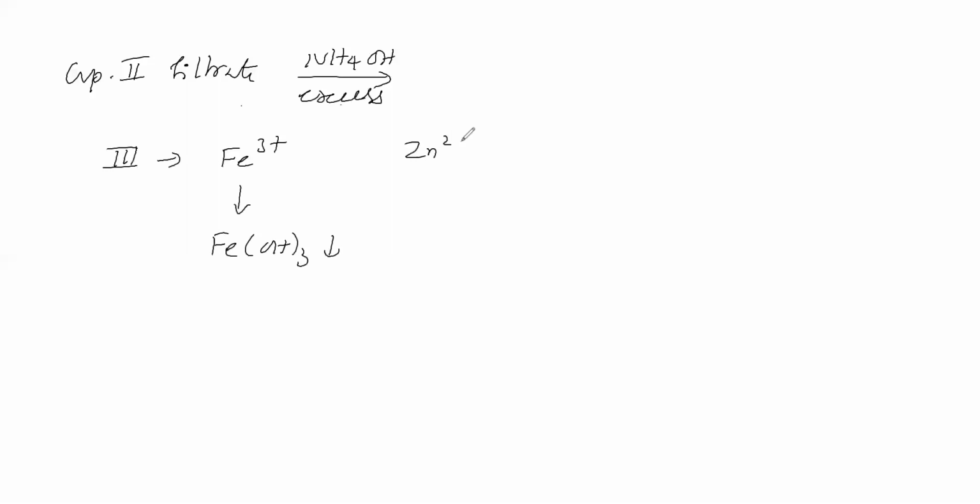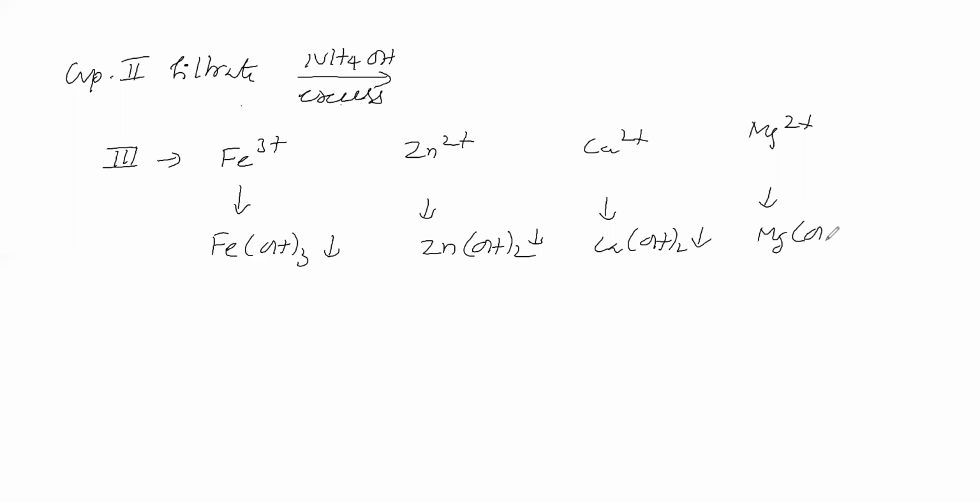The group 4 cation precipitates as hydroxide, though it is a weak base. The group 5 cation precipitates as hydroxide. The group 6 cation also precipitates as hydroxide, though it is a weak base.